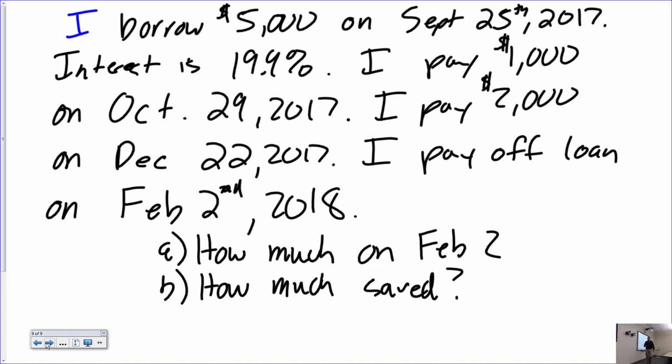The whole point of paying early is to save, so we've got to figure that out. That's definitely crucial. You want to see how much money you save? It'll probably be around a couple $100. Yeah, exactly, which is why you want to do it, so that you save a couple $100, right?